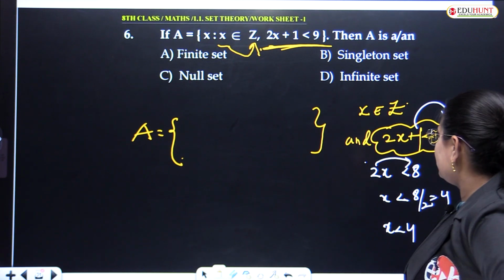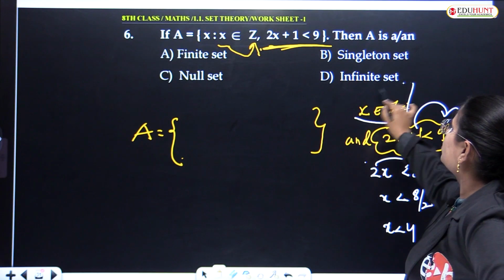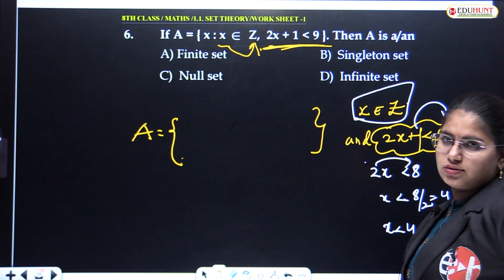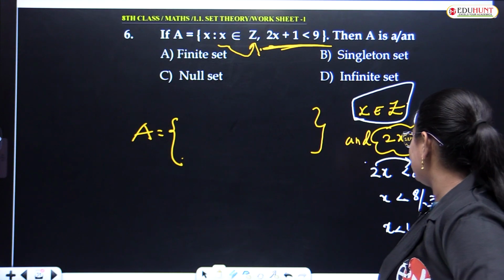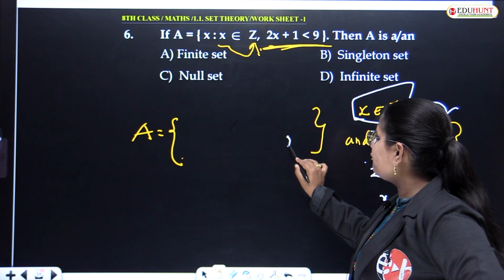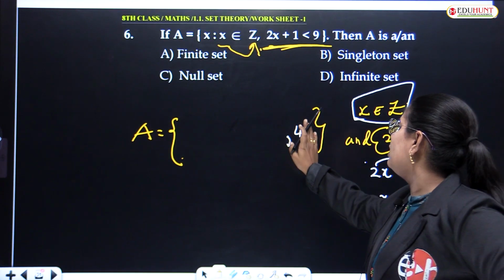And also we have x belonging to the set of integers. x value is less than 4, that means my maximum value is less than 4.